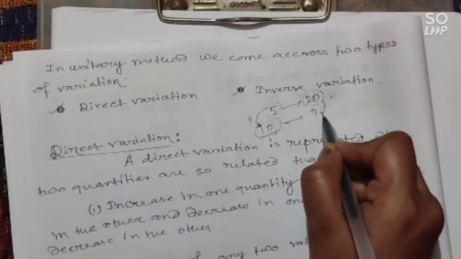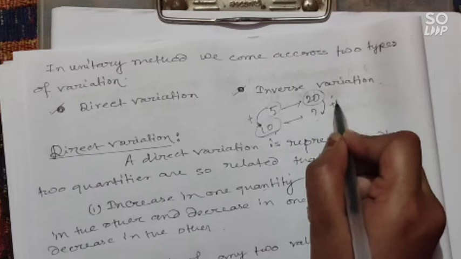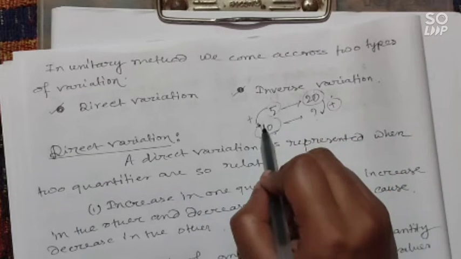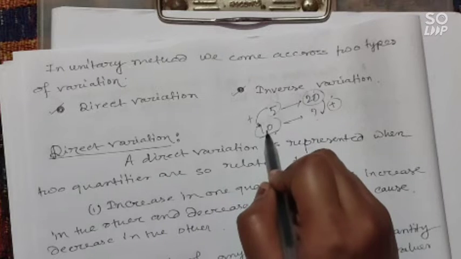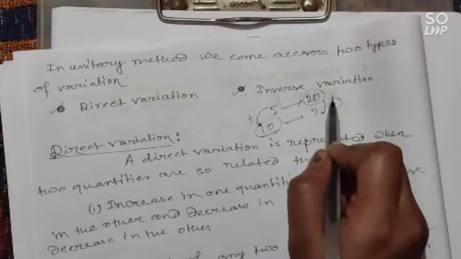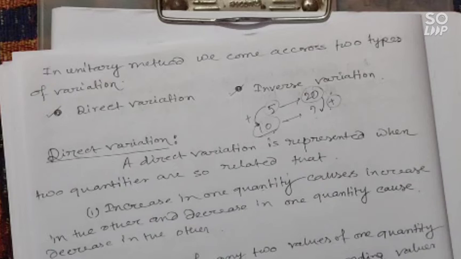That's why the cost of pencils is also increased. So here the increase of one quantity causes the increase of the other. That means the cost of pencils and the number of pencils are in direct variation.